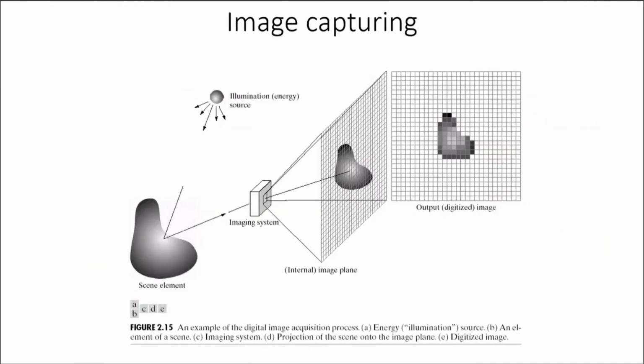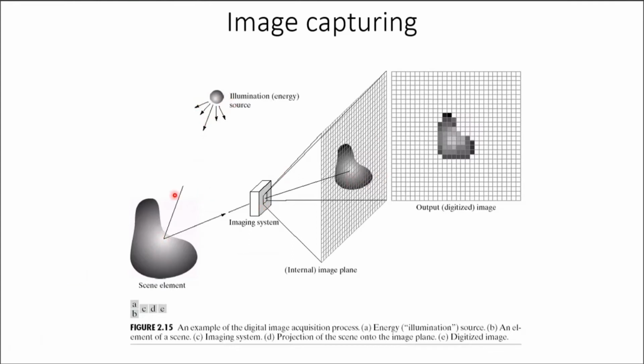So this is how images are captured in the real world. You have a camera here, and this is the object, any object, and this is the light. The light and the object are the two most important components because they are combined together in forming the image.